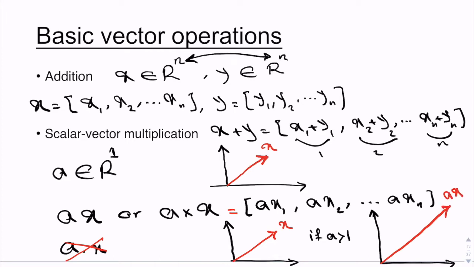And if a is smaller than 1, then we're squeezing our vector. So these are two basic vector operations.